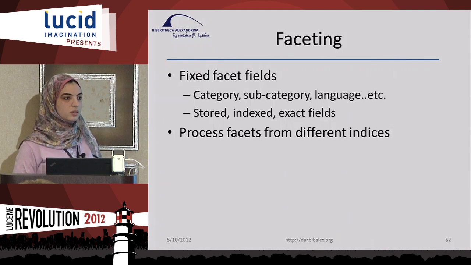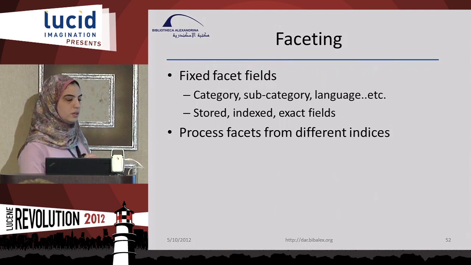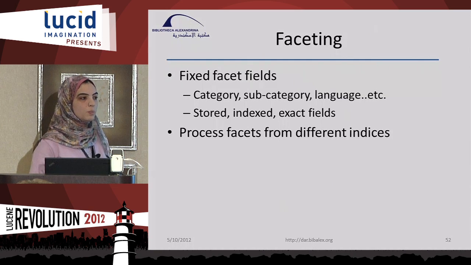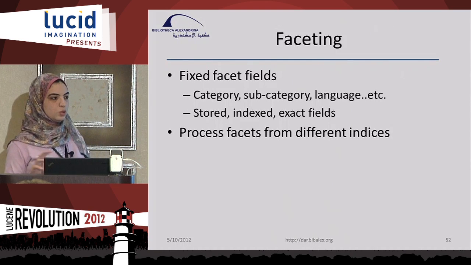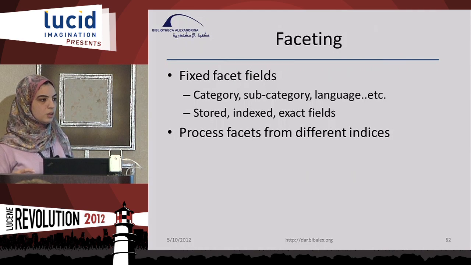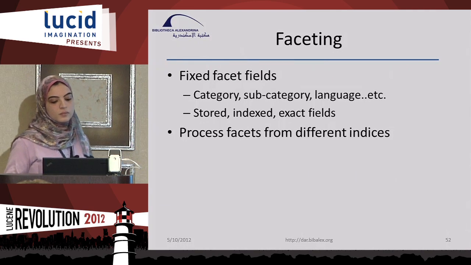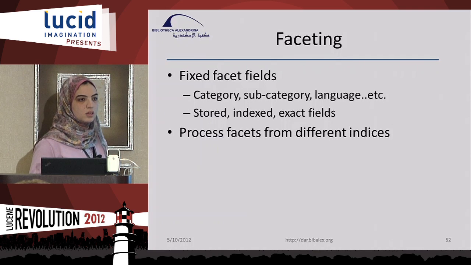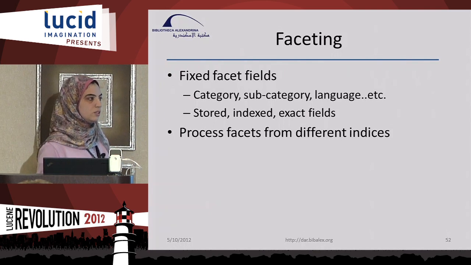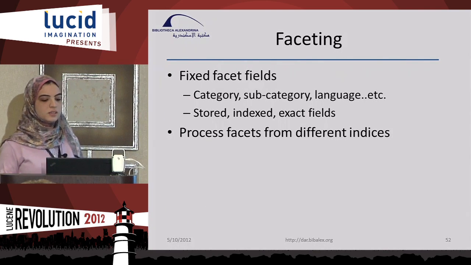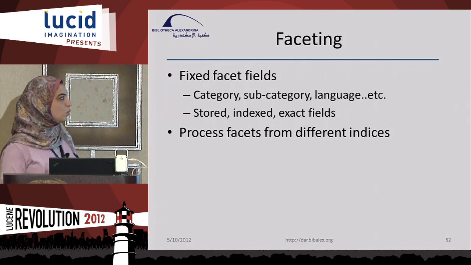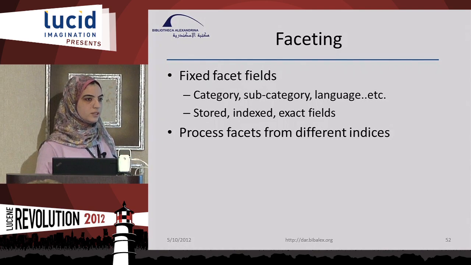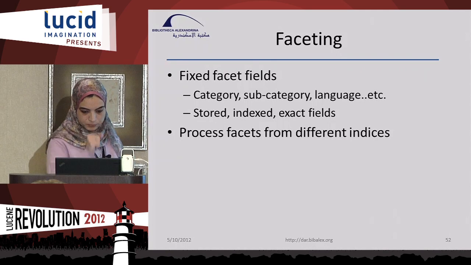We are building our own analyzer based on something called Aramorph, but we enhanced it, and we are working to improve the searching using Aramorph and the Arabic content. So we'd like to make the faceting results easier for the user. We index the facet, and then we do that on an exact search phase.